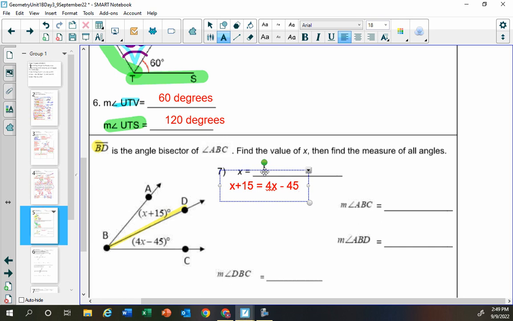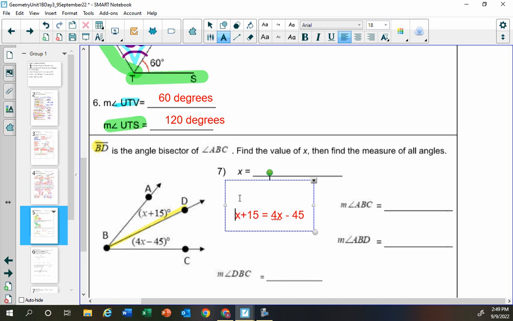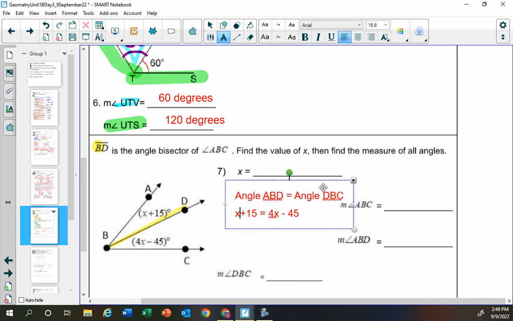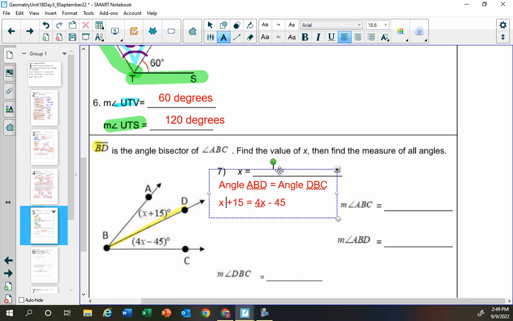That's going to be your setup, because angle ABD equals angle DBC. Be careful. Remember, are they on the same side or on opposite sides?